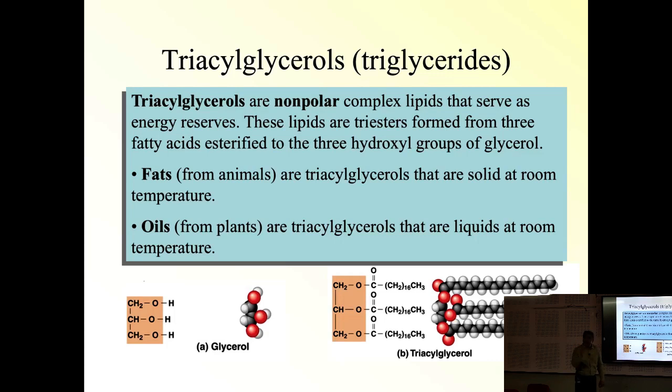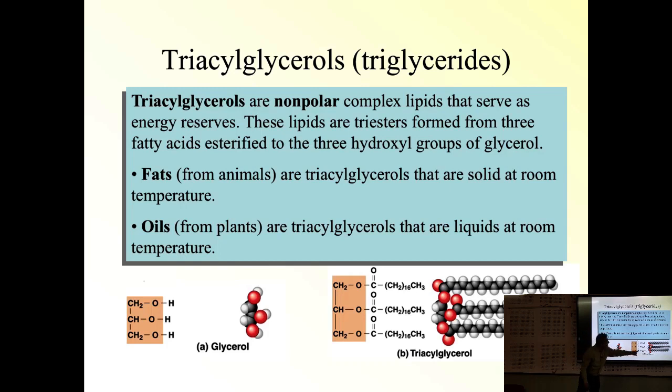Now, the structure is glycerol CH2OH, CHOH, CH2OH, a 3 carbon sugar. This is attached with R1, R2, R3 through COO. Now, what do we mean by R1? R1 means CH2 n times, or 16 times, with the CH3 at the end and COOH here. So in this OH, the H is removed.